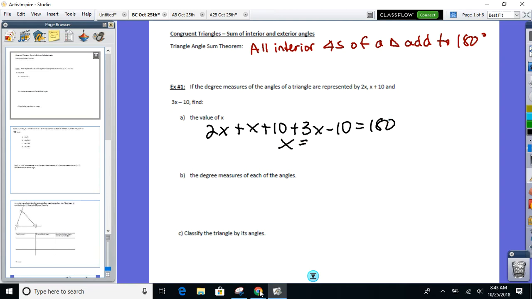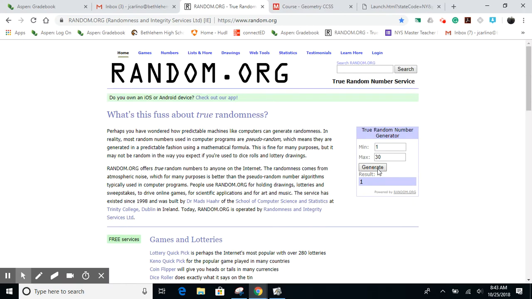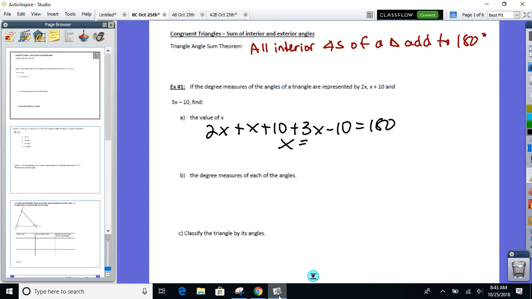And when you're ready, let me know the value of x. 30, yep. Nice job. Find the degree measures of each of the angles now. So take 30 and plug it into 2x, x plus 10, and 3x minus 10.